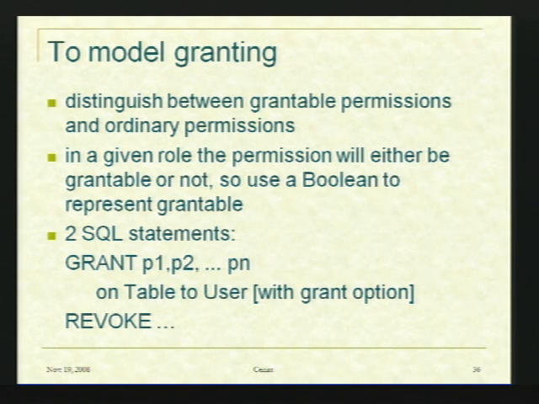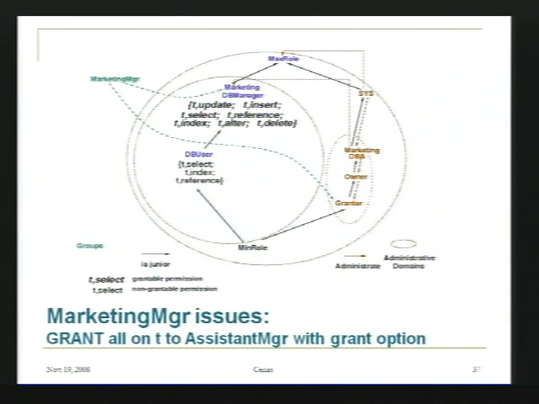And so then we have to deal with, at least for relational databases, this statement from SQL, which has a couple of versions. So you can grant a subset of the access modes on a table, either to a list of users or to all or to a single user, and you can say with grant option. So I'll just explain the solution with a few examples.